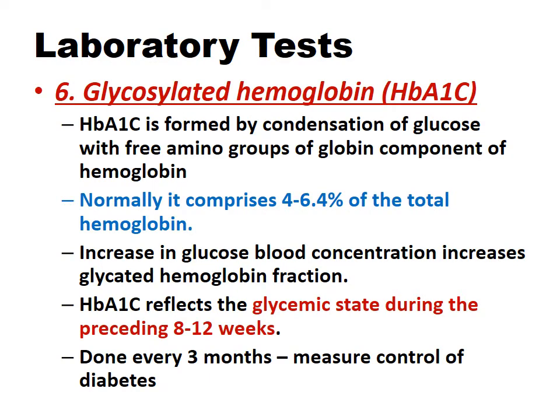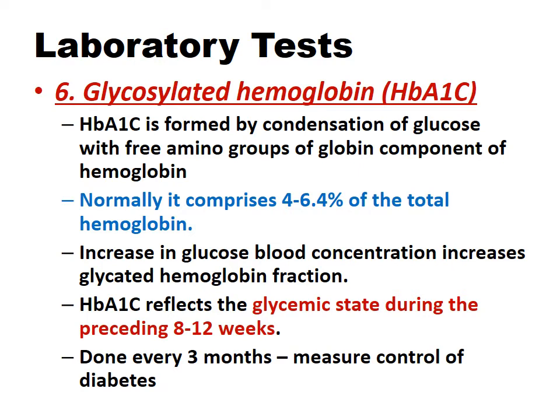Glycosylated hemoglobin, or HbA1c. HbA1c is formed by condensation of glucose with free amino groups of globin, which is a component of hemoglobin. Normally, the normal level of HbA1c is between 4 to 6.4% of total hemoglobin. An increase in glucose blood concentration leads to an increase in the glycated hemoglobin fraction.